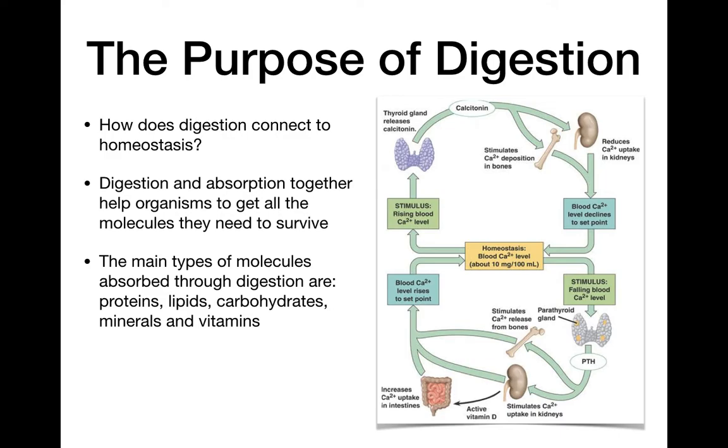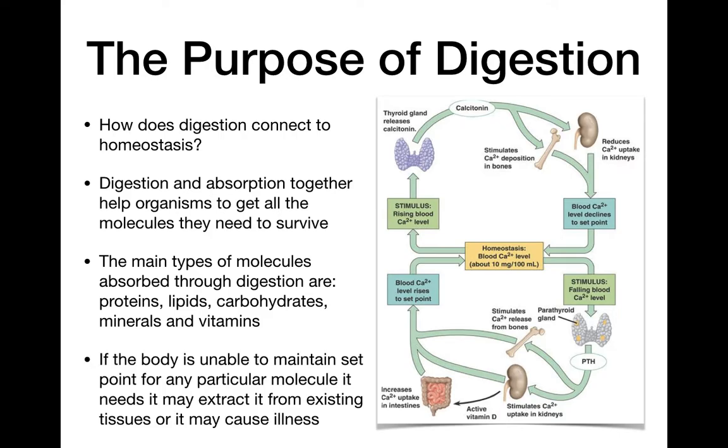So the main types of molecules would be proteins, lipids, carbohydrates, minerals, and vitamins as well. And if we can't maintain that set point for a particular molecule, then the body will extract it from other parts of the body that aren't as critical at that point, or maybe it will cause illness depending how long the deficiency goes on.